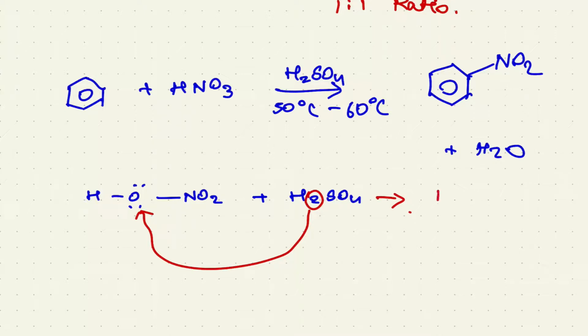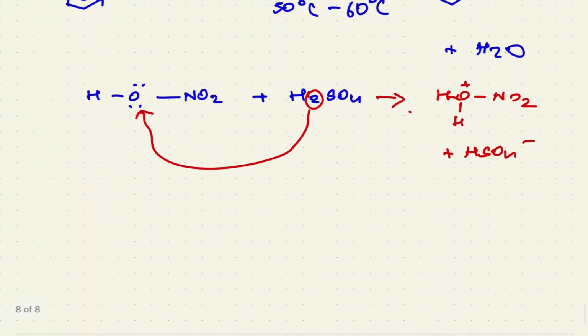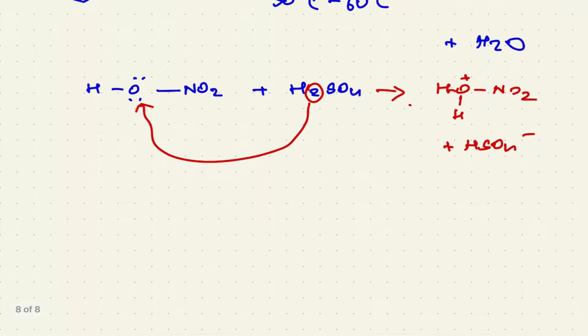And we get H2O plus NO2 plus HSO4 minus. If you observe superficially as well, you might find that this is forming one of the most stable products, that is H2O.